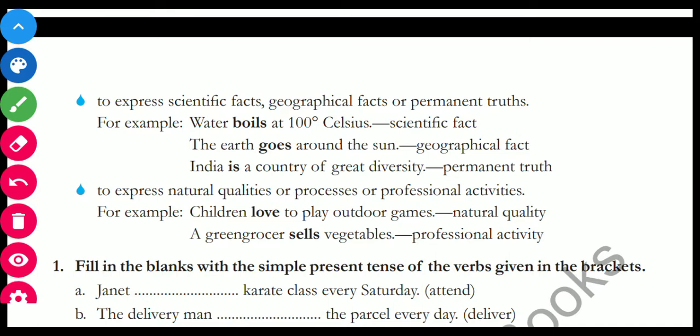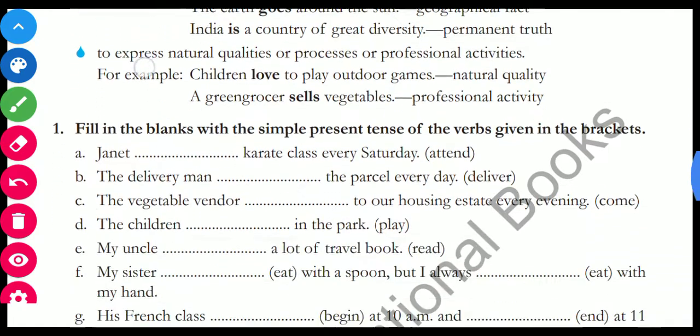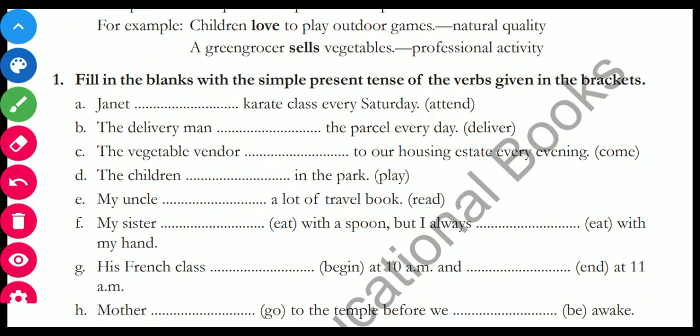Okay, so yeah, next coming to the first exercise, remember the rule: subject plus verb in its first form, that is verb in S or es. Okay, so let's see. Janet dash karate class every Saturday. Attend.